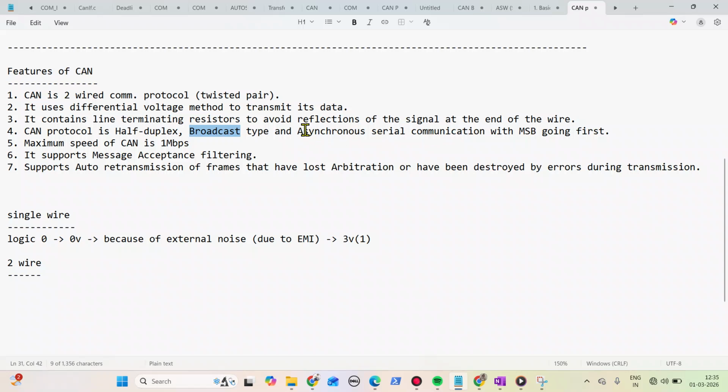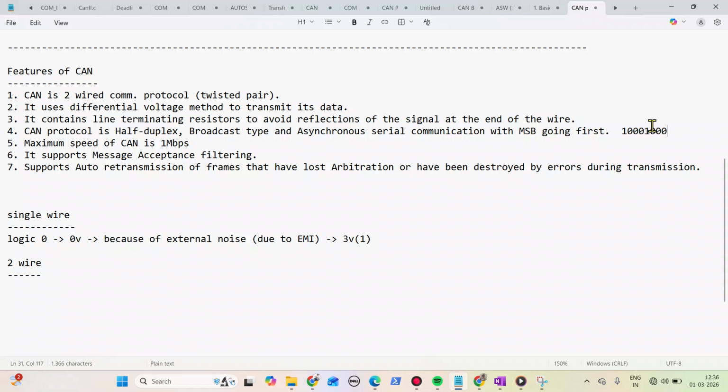And asynchronous serial communication with MSB going first. What is the meaning of this MSB going first? In every byte we have LSB and MSB, meaning least significant bit and most significant bit. For example, consider 1 0 0 0 1 0.